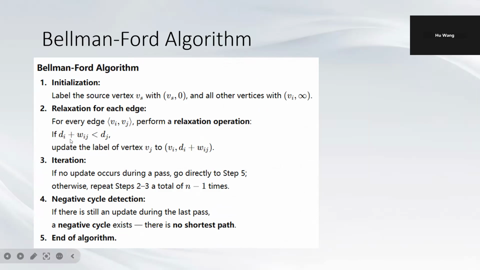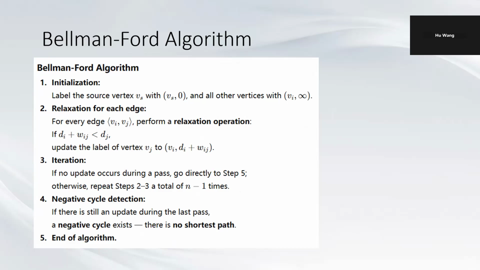We compare the current distance to that point with the distance to the predecessor plus the weight of that edge. If it's smaller than the current distance, we update it. We also update the predecessor point.